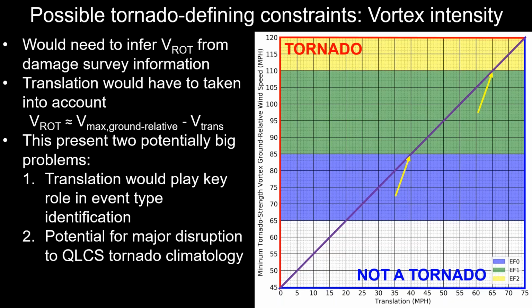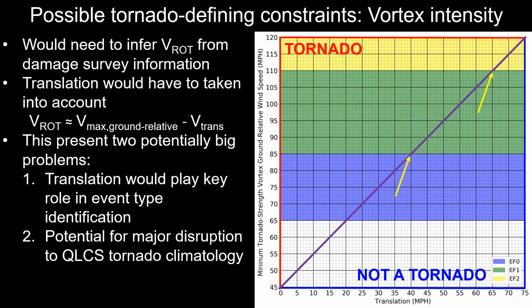At 40 miles per hour, you see that breakpoint is 85 miles an hour. So your wind would have to be 85 miles an hour or stronger to be considered a tornado by this definition. In essence, once a vortex moves at 40 miles per hour or faster, you could never have an EF0 tornado.